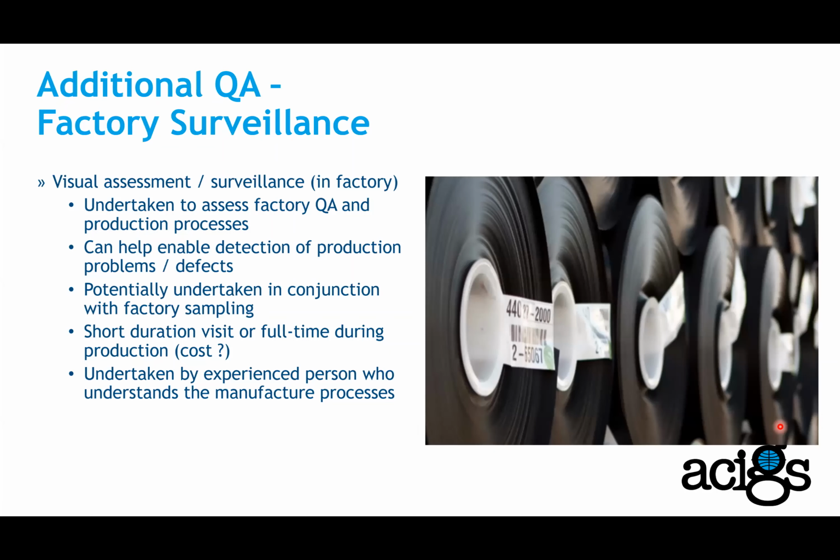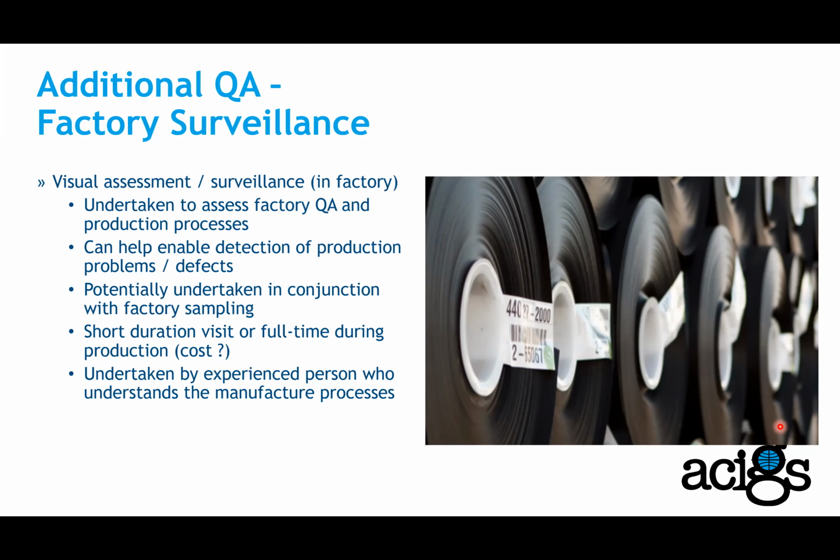I want to talk about factory surveillance on this slide. So visual assessment or surveillance in the factory. It is undertaken basically to assess the factory QA and production process. It can help enable detection of production problems or defects, as we mentioned. Potentially undertaken in conjunction with factory sampling, so you do the surveillance and the sampling at the same time.